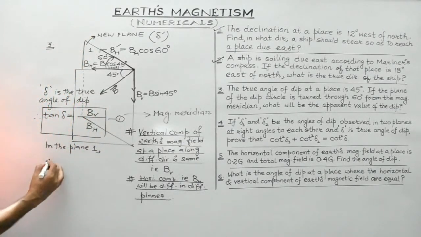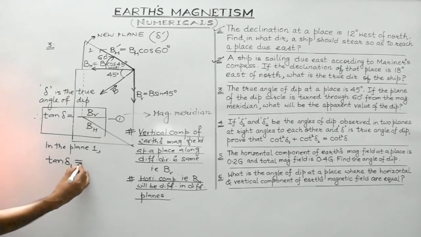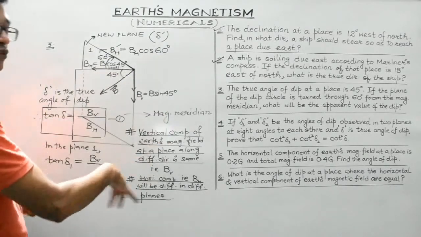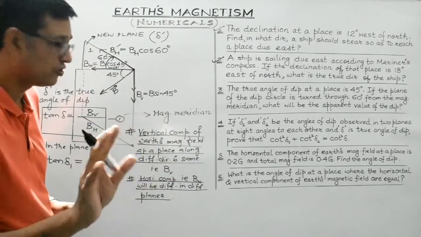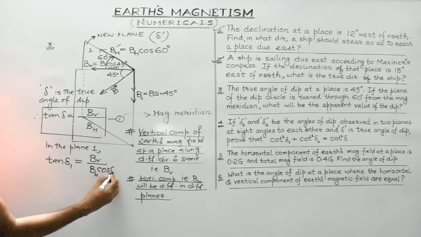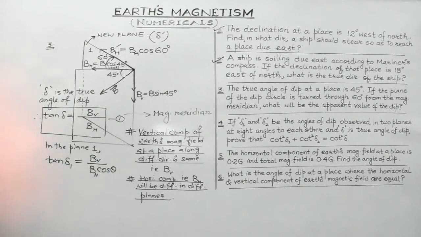In plane 1, the apparent angle of dip would be tan delta 1. It would be equal to BV. The vertical component in the different planes would also remain the same. It won't change. And the horizontal component is BH dash, which is BH cos theta. Clear? So BV over BH is tan delta. Delta is the true angle of dip.